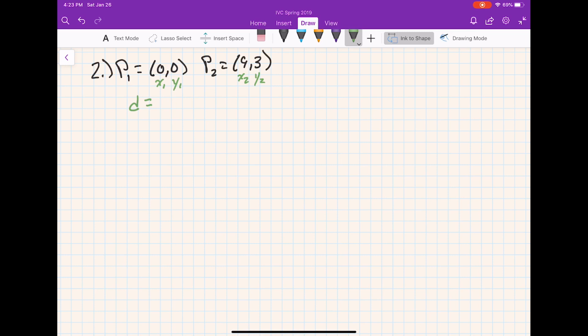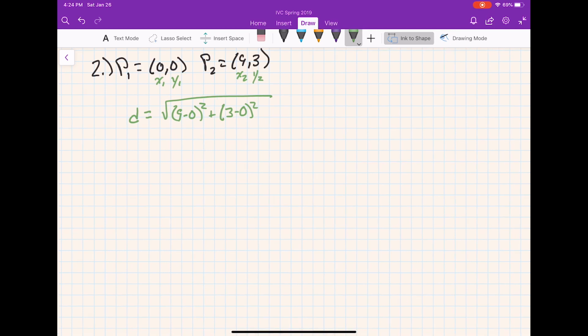The distance is going to be the 9 minus 0, that quantity squared, plus the 3 minus 0 squared, all under the radical. Well, 9 minus 0 is 9, and 3 minus 0 is 3. So just put those squared under the radical: 9 squared is 81, plus another 9 under the radical.